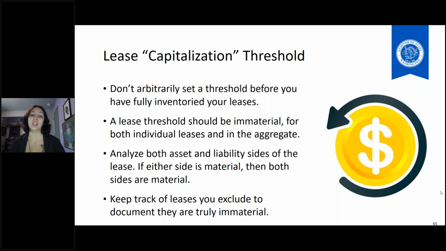And that means that each individual lease that is excluded is immaterial. And it also means that if you add up all of the leases that got excluded, the total of those leases is immaterial.